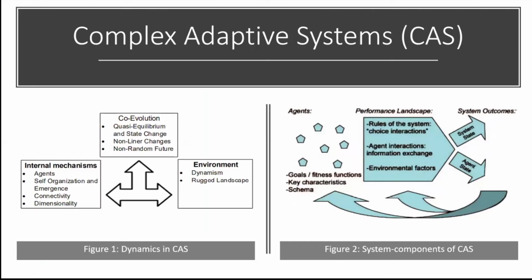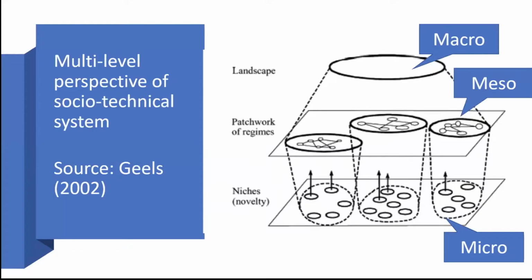Now I come to complex adaptive system, which is called CAS. And CAS deals with the problems at organizational level. So in the previous slide, I showed the connection between, let us say, regimes, which are made up of organizations, and niches, which are made up of individual products and services or individuals who are innovators. And the landscape is full of external policies.